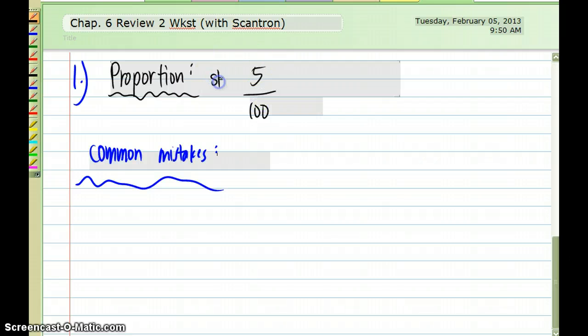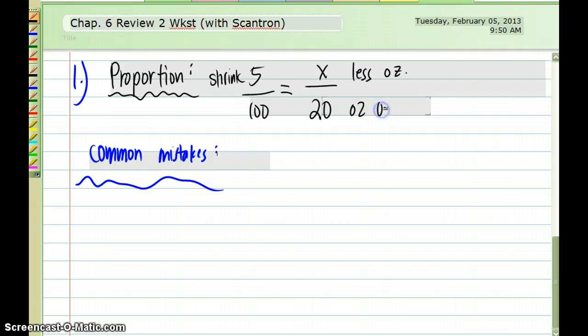The 5 represents the box shrinking, so we know we're going to get less cereal. The total cereal box right now is 20 ounces, and this is the original, the current original box.